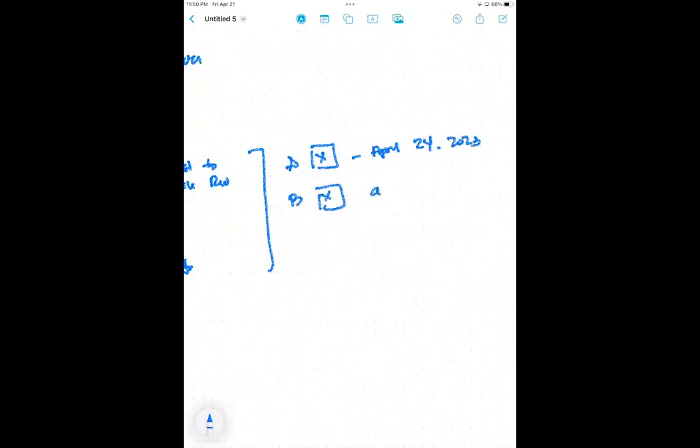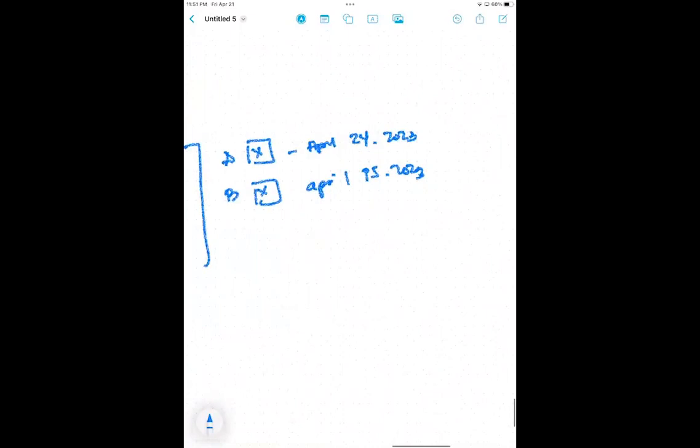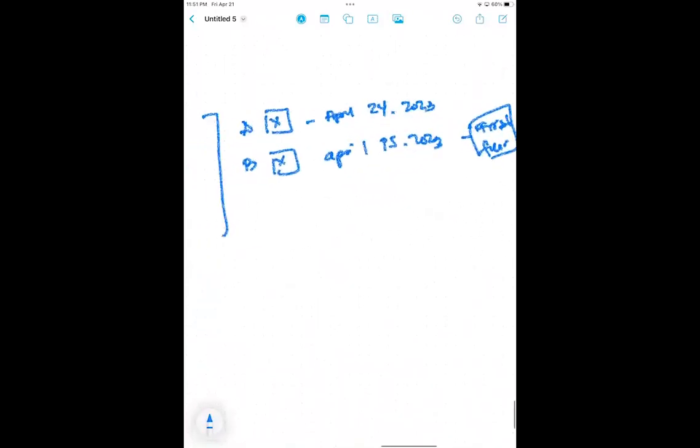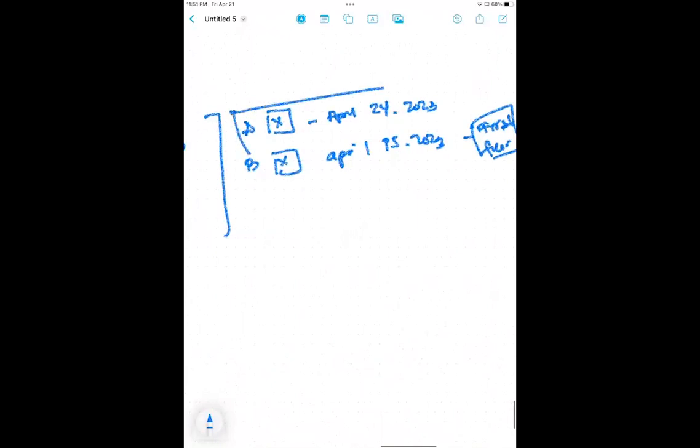B filed this application April 15, 2023, and therefore B is the first filer. And as a first filer, di ba, under the first to file rule, B is entitled to a patent. But for some reason, the patent was given to A.